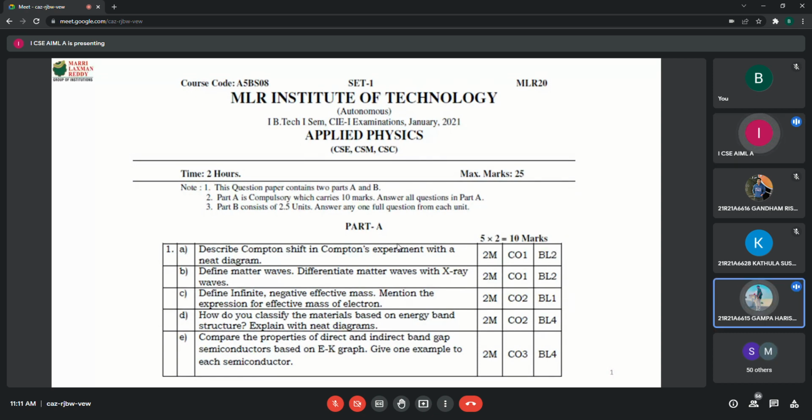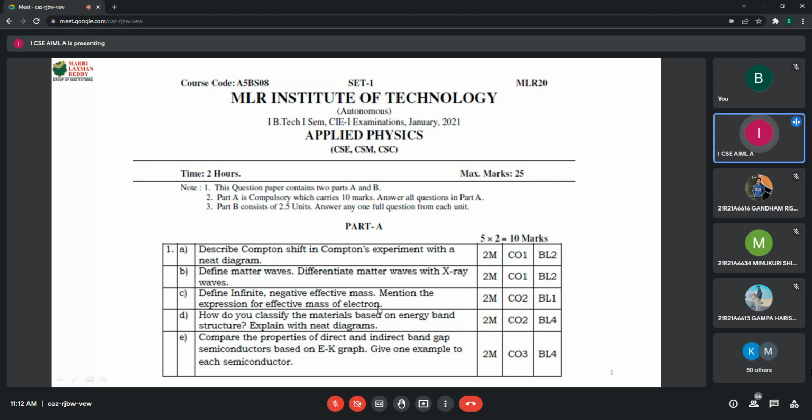Unit 2 questions are C and D. C: define infinite effective mass and negative effective mass. Definitions: which is called infinite effective mass, which is called negative effective mass. Next, mention the expression for effective mass of electron.